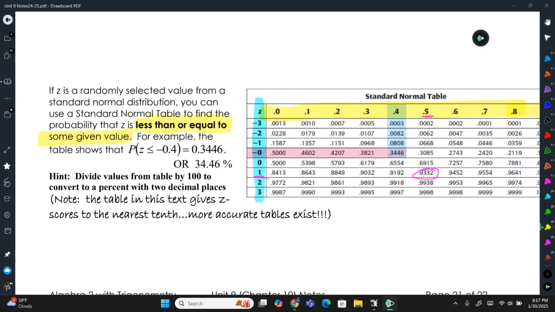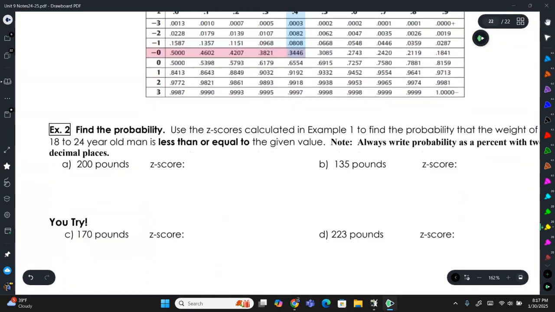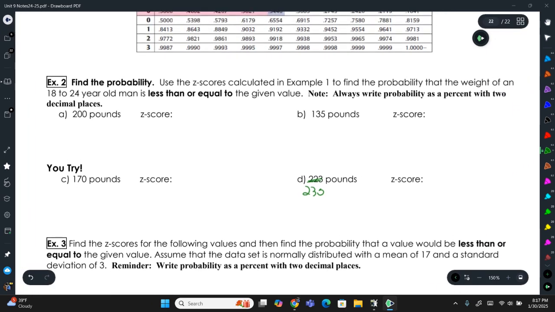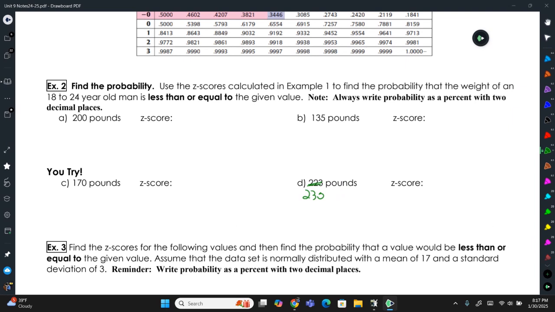this. So let's go to the next page, and first we're going to change this to 230, which was what was on the other page. So this is the exact same data from the previous page. Let's just copy these z-scores. 1.5. This one was -1.8.